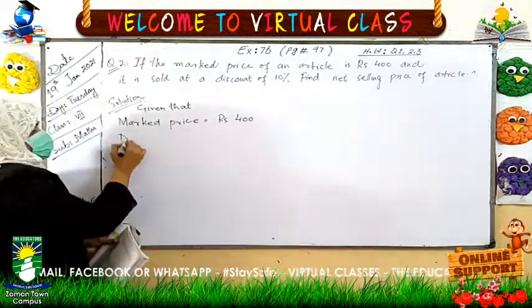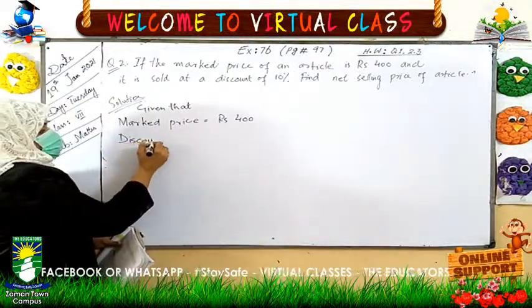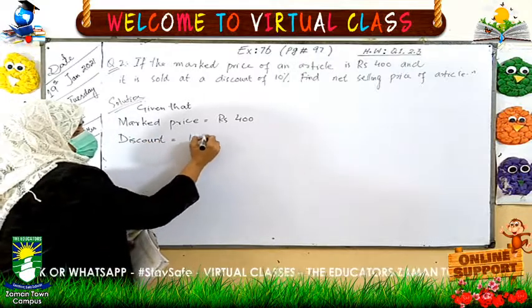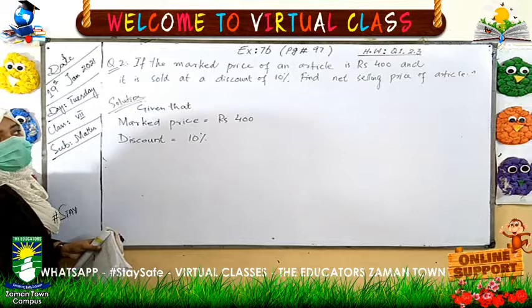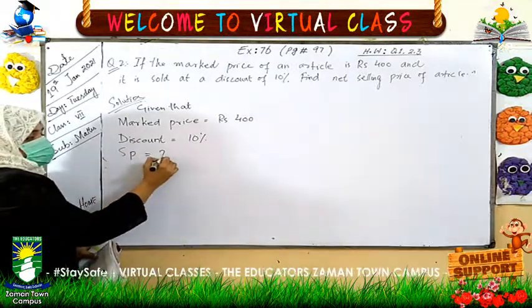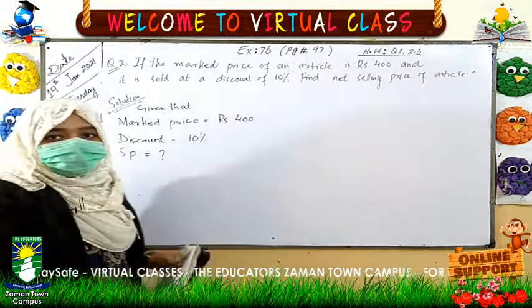So the discount is equal to 10%. Now we have to find the net selling price. SP we have to find here.